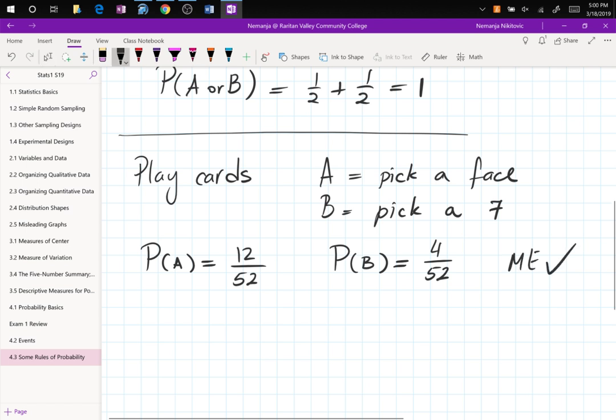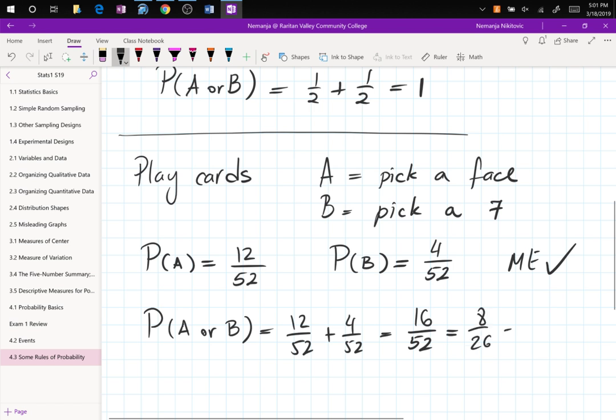Therefore, to pick a face or a 7 is simply 12 over 52 plus 4 over 52, which is 16 over 52. And now you can reduce right down to 8 over 26, 4 over 13. So the probability to pick a face or a 7 is 4 in 13.